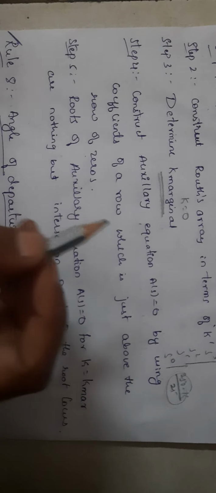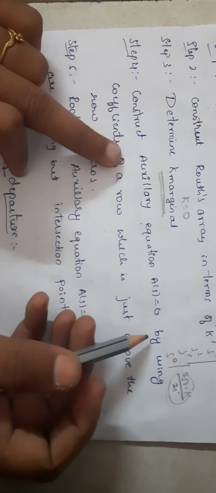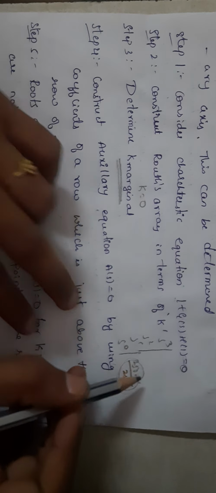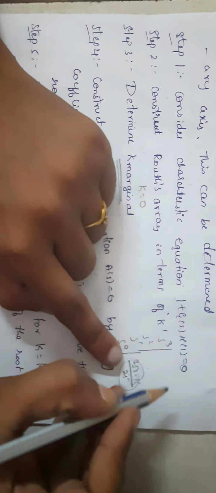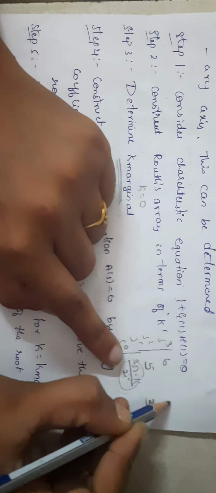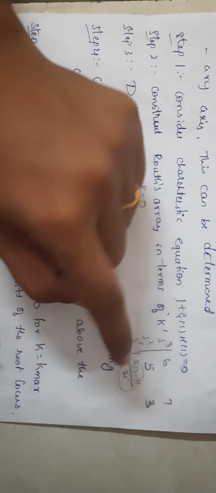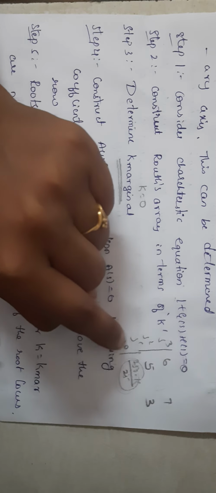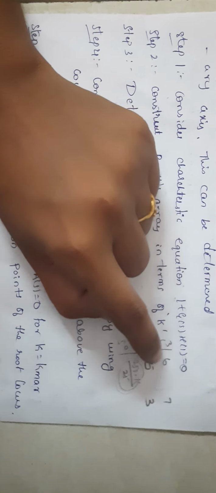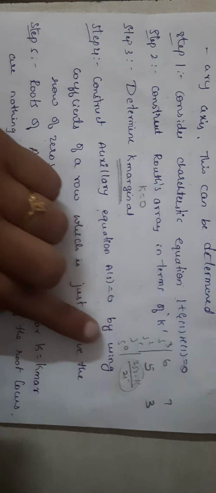After that we have to construct the auxiliary equation. Auxiliary equation means, we have calculated the value of k, and above that we have to see. If it is like 5, 3, 6, 7, from this s raised to 1 row we have calculated the value of k marginal. Just above that we have to construct the auxiliary equation. How to construct it?